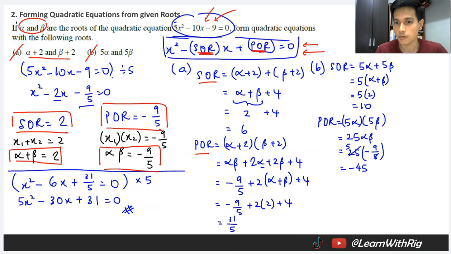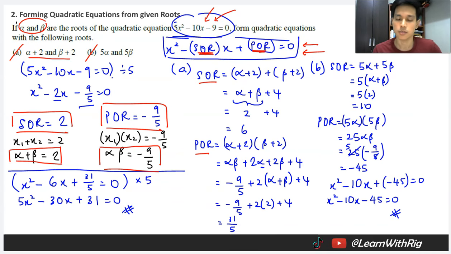Now you can form your new equation, which is x square minus SOR, which is 10, x plus POR, which is negative 45, equals 0. So x square minus 10x minus 45 equals 0. This is your new quadratic equation.